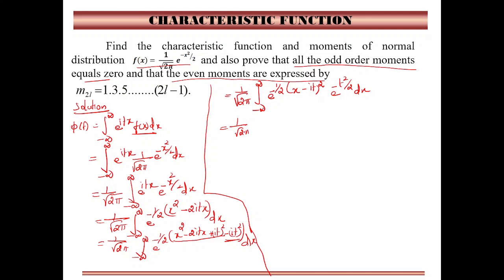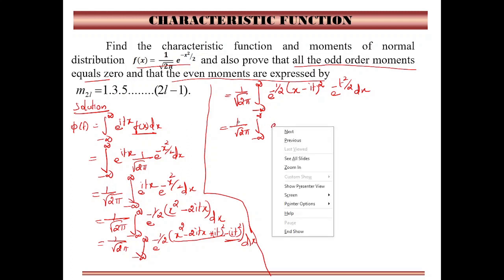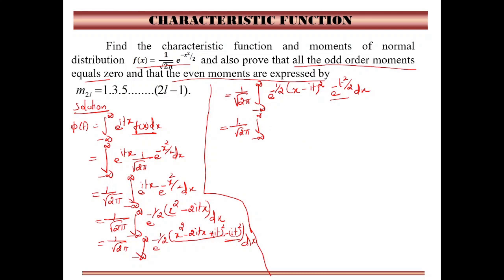1 by root 2 pi integral from minus infinity to plus infinity. Now this e power minus t squared by 2 we are taking outside, and here we are substituting x minus it is equal to y, then find dx by dy, which is 1, so dx is equal to dy.